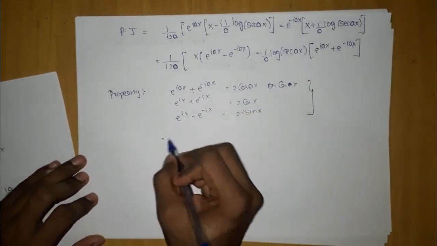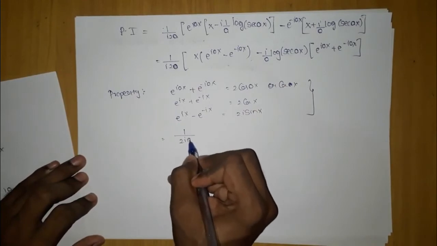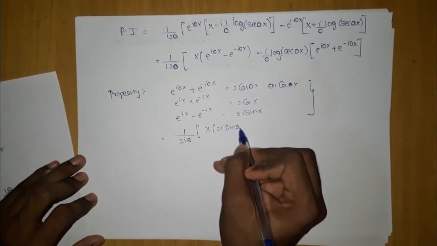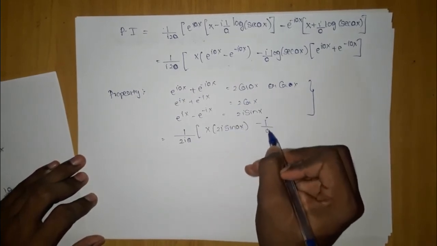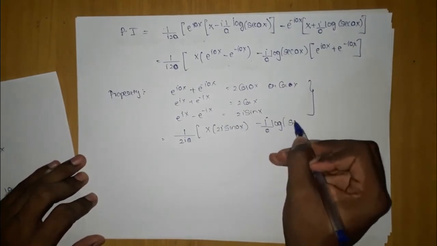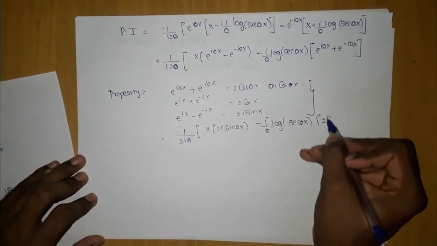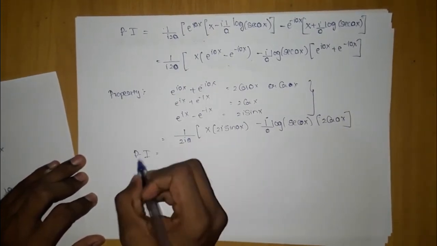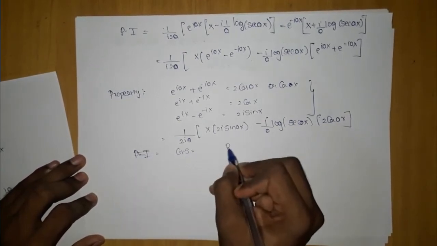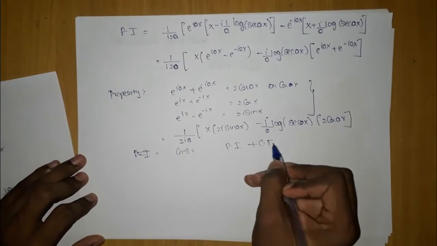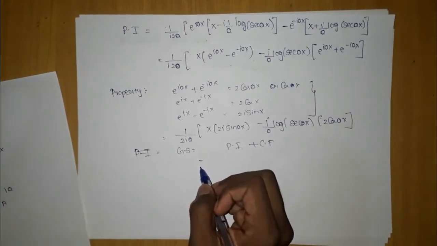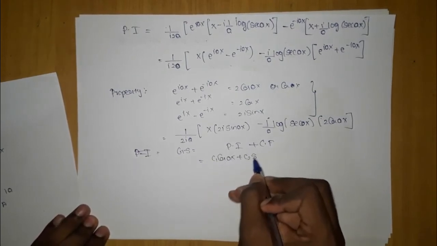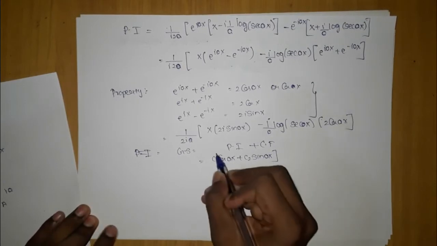If you apply this, your particular integral will change to x by 2ia into 2i sin ax, minus i by a log sec ax, here 2 cos ax will be your particular integral. After getting this, you can write the general solution as particular integral plus complementary function, which will give you your answer: c1 cos ax plus c2 sin ax firstly.